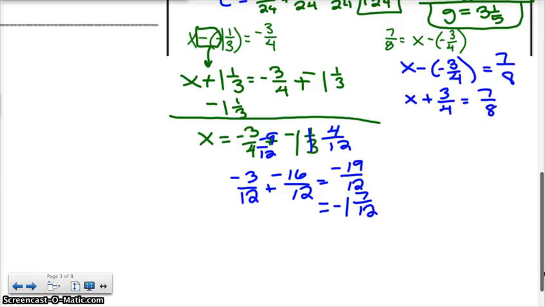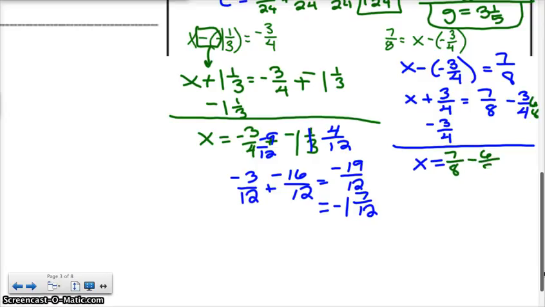Inverse of plus is subtract. Okay, 8 is my common denominator. I think that's 6. So it's 7/8 minus 6/8, which is 1/8.